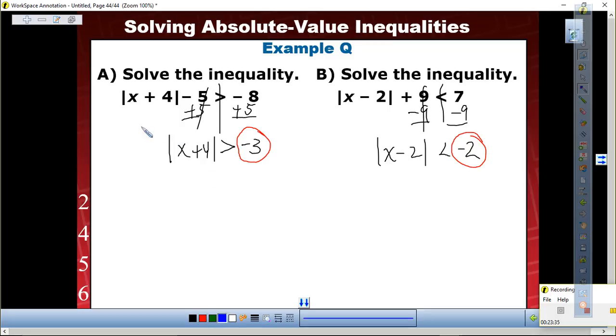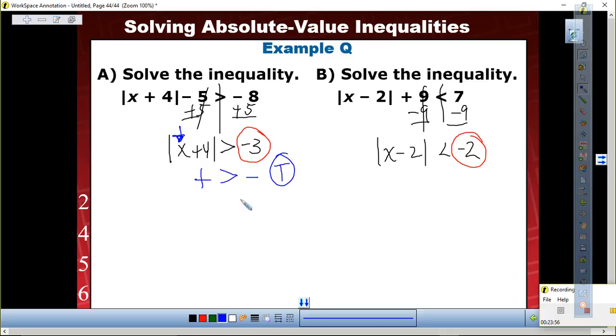This says that an absolute value is greater than a negative. What comes out of an absolute value if we take an absolute value? A positive. Is a positive greater than a negative? Yes. And if I continue substituting values in here, will it always come out as a positive? Yes.